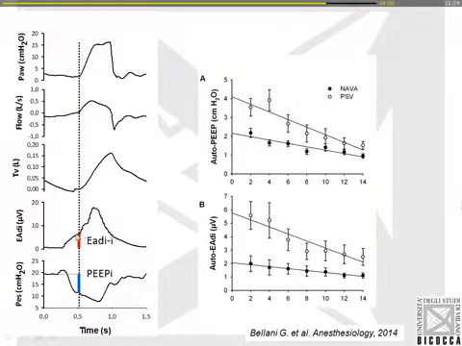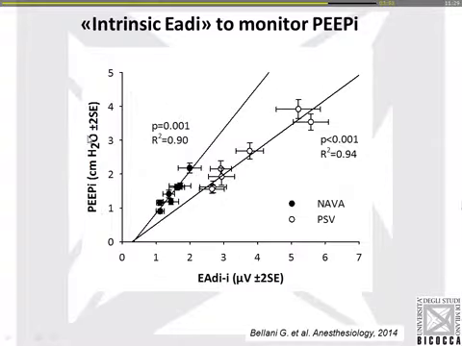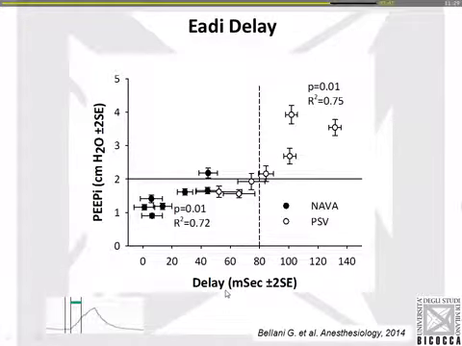If we see something like this, we have to think that the patient generates some EDI before there is an actual flow rate. And there is a very tight correlation between the intrinsic PEEP measured by esophageal pressure and the EDI measured by our system.